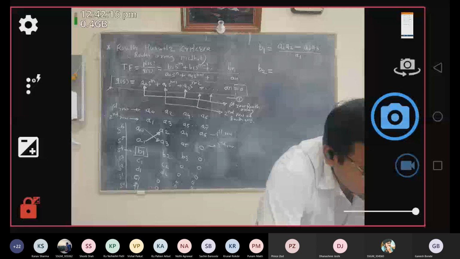After that, we will see how to comment on the stability from this Routh array. After you finish it, just tell me. If anyone has a doubt while calculating B1, B2, B3, C1, C2, D1, E1, F1, please tell me, because this is the basis.